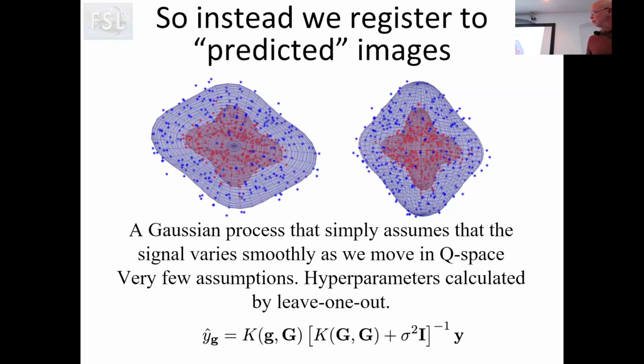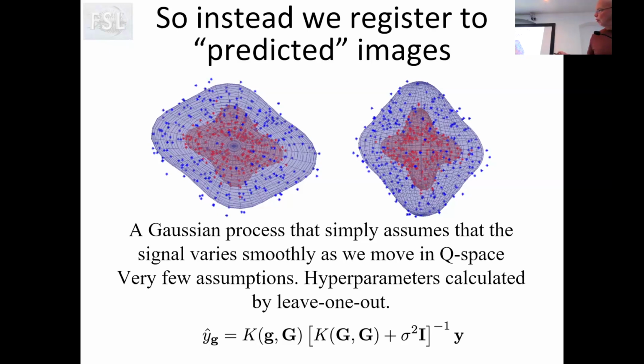And what I suggested is, why not use a Gaussian process? It simply assumes that there's some sort of smooth variation as we go from one diffusion gradient to another. Because of this oversampling of Q space, we have a lot of information.